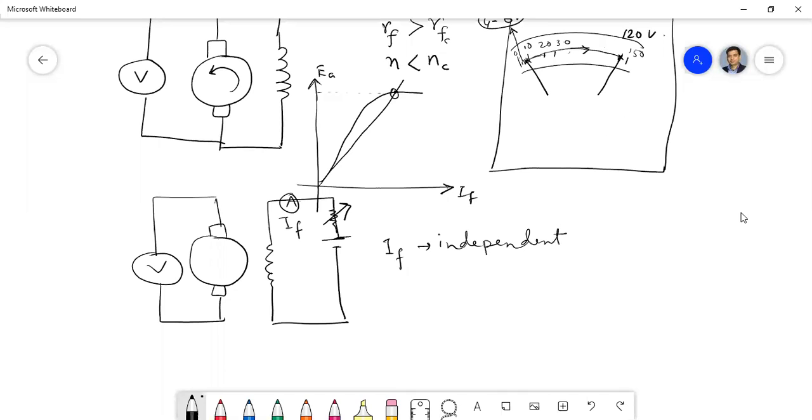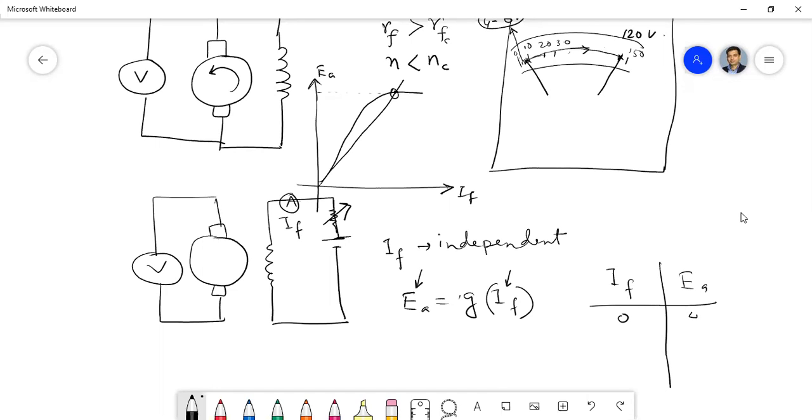Okay, and what is EA? EA is some sort of function of IF, isn't it? And this is defined. For each IF, you will get some EA. Suppose IF is 0, you will get 4 volts because residual flux is there.